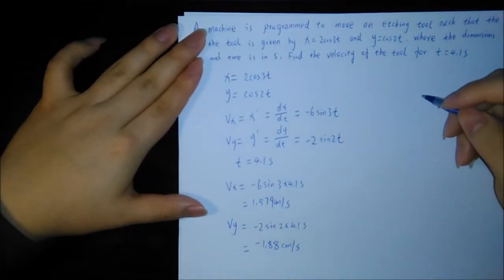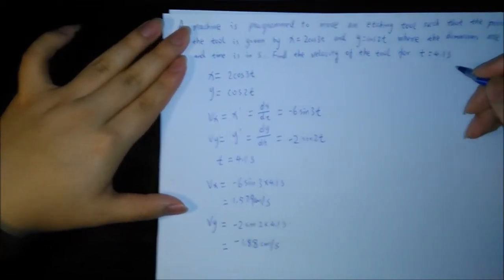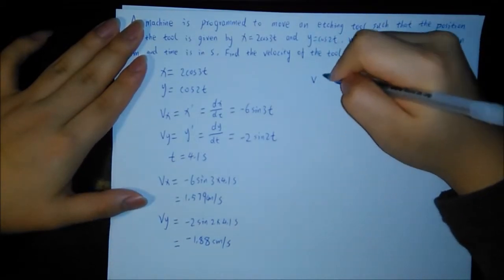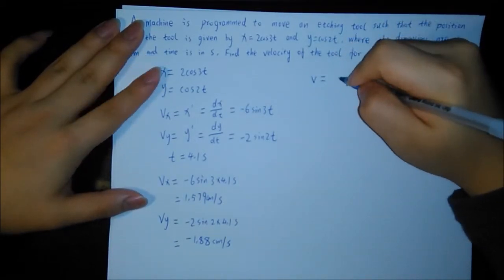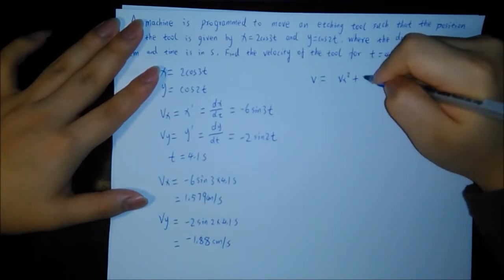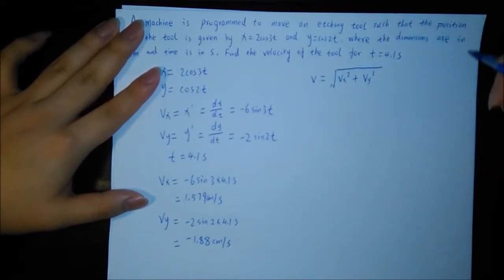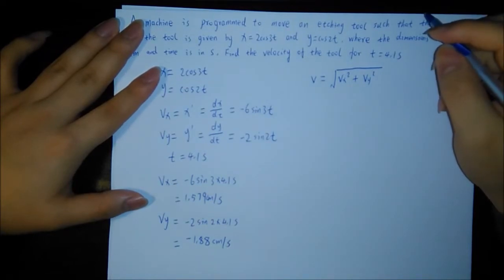So that we can calculate V. V is equal to Vx squared plus Vy squared, then to the power of 1 over 2.